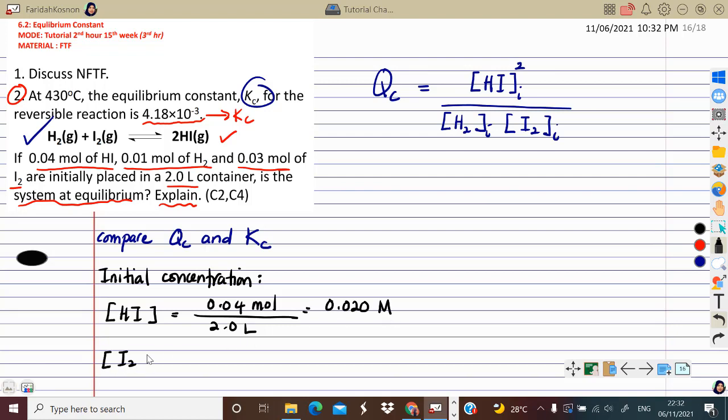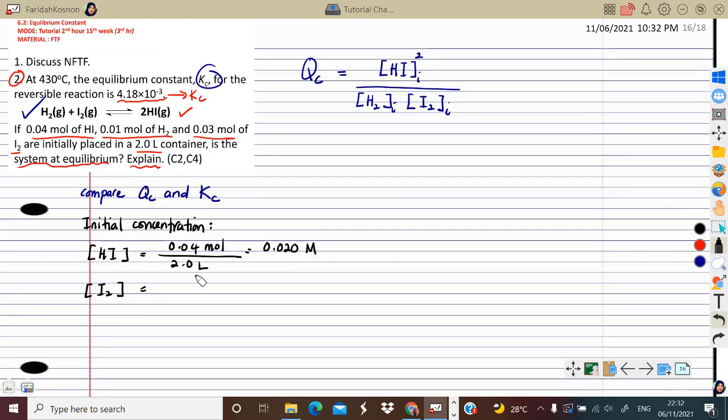Okay, for iodine gas, the number of moles, initial mole is 0.01 mole divided by 2.0 liter. So, it is 0.005 molar. Mesti ada unit sebab dia concentration. And for hydrogen gas, okay, untuk mengira initial concentration ni tak perlu kuasakan 2, walaupun pada equation tu ada 2.